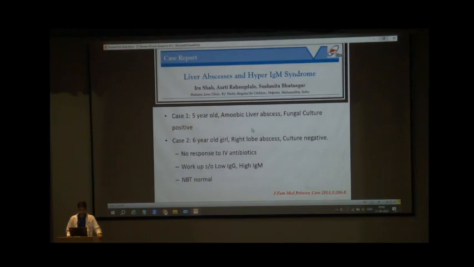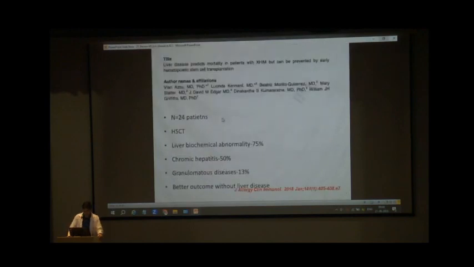Liver abscesses are very rare in patients with hyper IgM syndrome. Still, a few case reports have been described in the literature. The patients present with recurrent amoebic, bacterial and fungal infection with poor or no response to conventional IV antibiotic or antifungal treatment. Further workup showed low IgG and high IgM, consistent with hyper IgM syndrome.